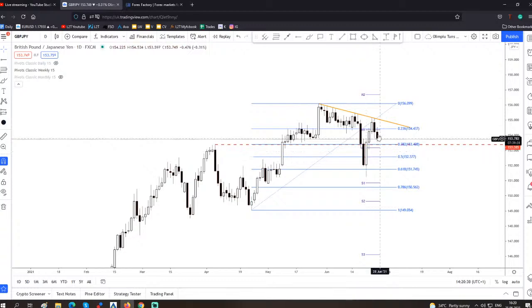Right now, as I've told you, the British pound versus the Japanese yen could only register a temporary drop, test, retest, consolidation before a breakout above this downtrend line. And once I have confirmation, a new buying opportunity on the British pound versus the Japanese yen, I will send you the signal into the VIP Telegram group.